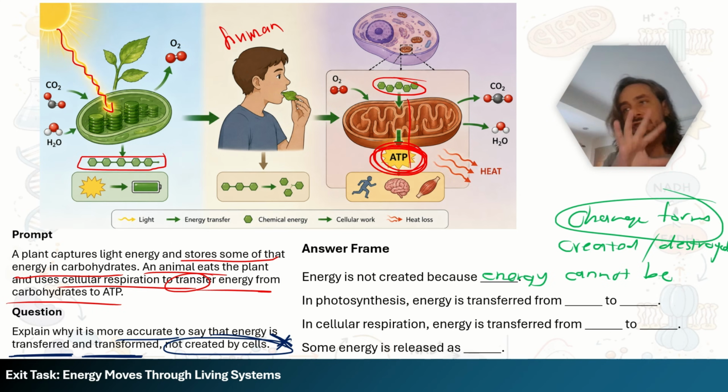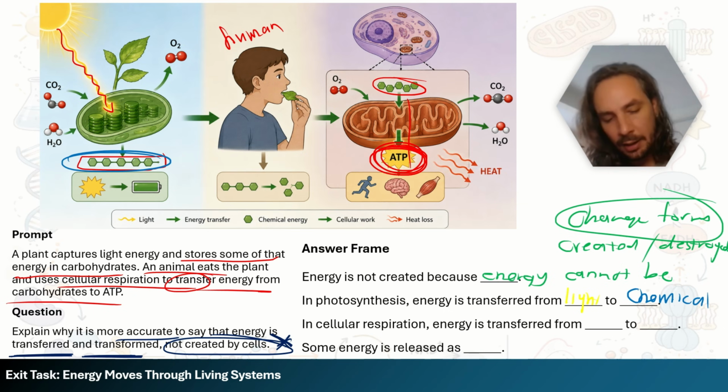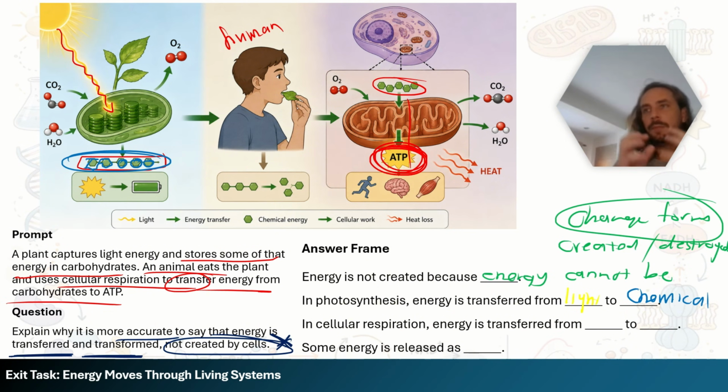So one type of energy can only be transformed into another. In photosynthesis, energy is transferred from light to chemical energy, and this chemical energy comes from the carbohydrates. In those chemical bonds that keep these molecules together, we store that chemical energy.